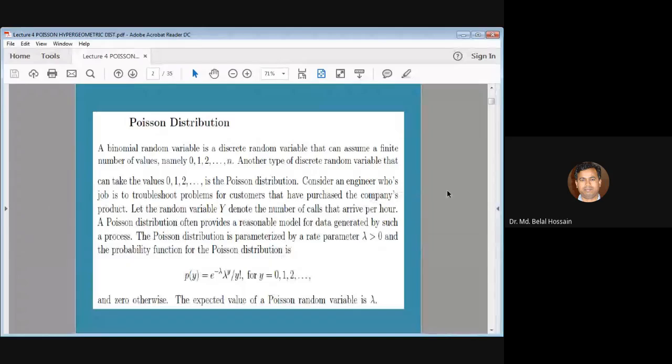Similarly, if you count the number of cars passing through an intersection in 1 hour, that is also a Poisson event. So the values you get are the Poisson random variable.